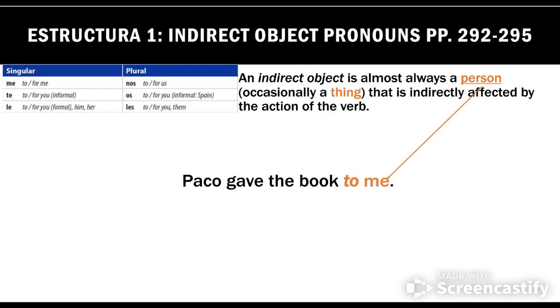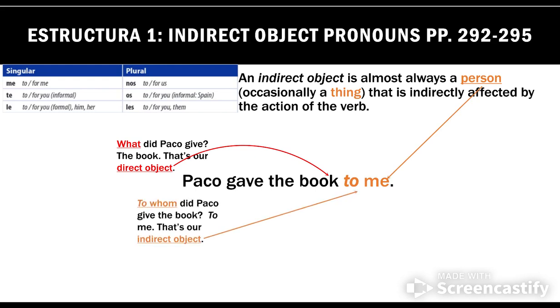Let's see how this looks in English. Paco gave the book to me. In this case, me is the indirect object. What did Paco give? The book. The book is the direct object of this sentence. To whom? It was to me. So that's the indirect object.